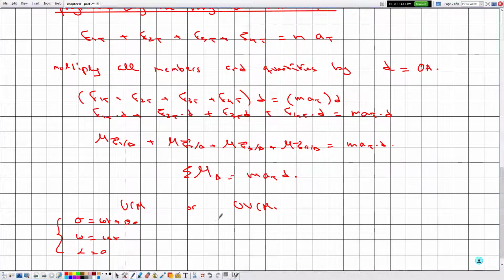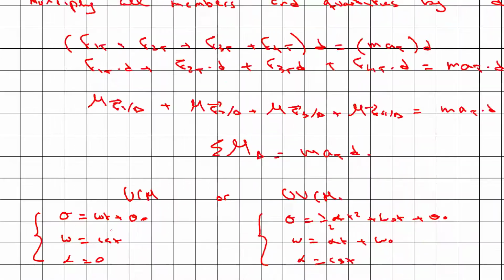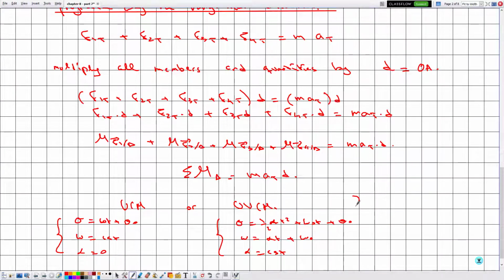In the other case they are given by theta is equal to half alpha t square plus omega 0 t plus theta 0, and we have that omega is equal to alpha t plus omega 0. We also have that alpha is equal to constant.